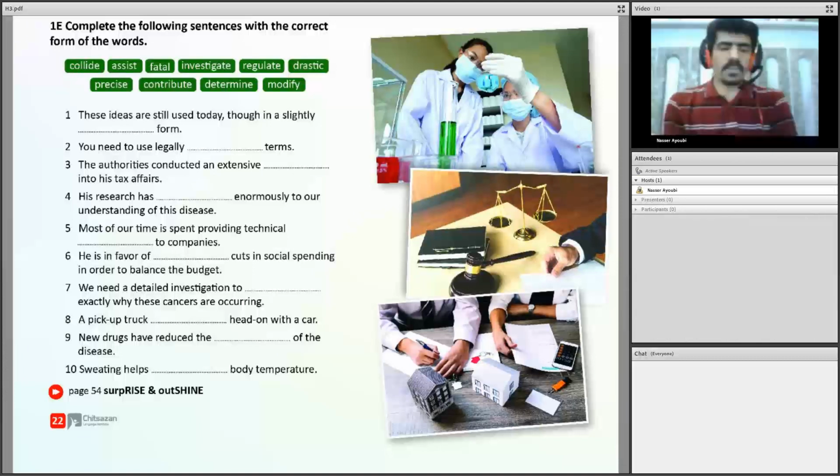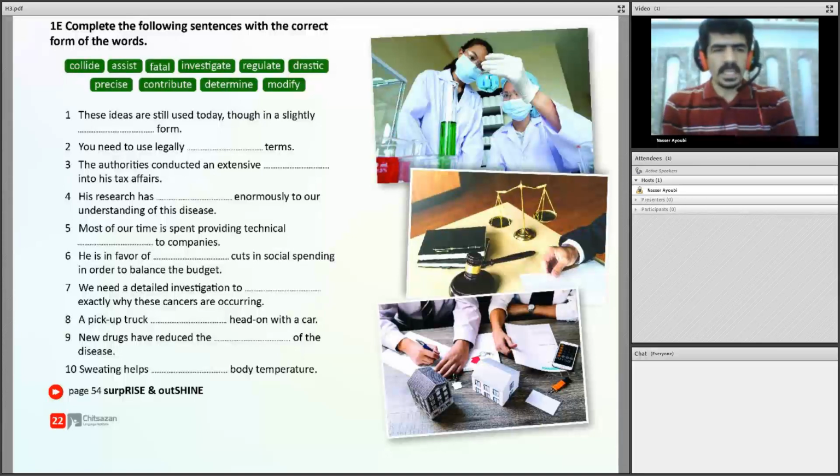Balancing the budget means making the amount of money you spend equal to the amount of money that is available. So spend as much money as you make. Number 7, we need a detailed investigation to determine exactly why these cancers are occurring. We had this example before.